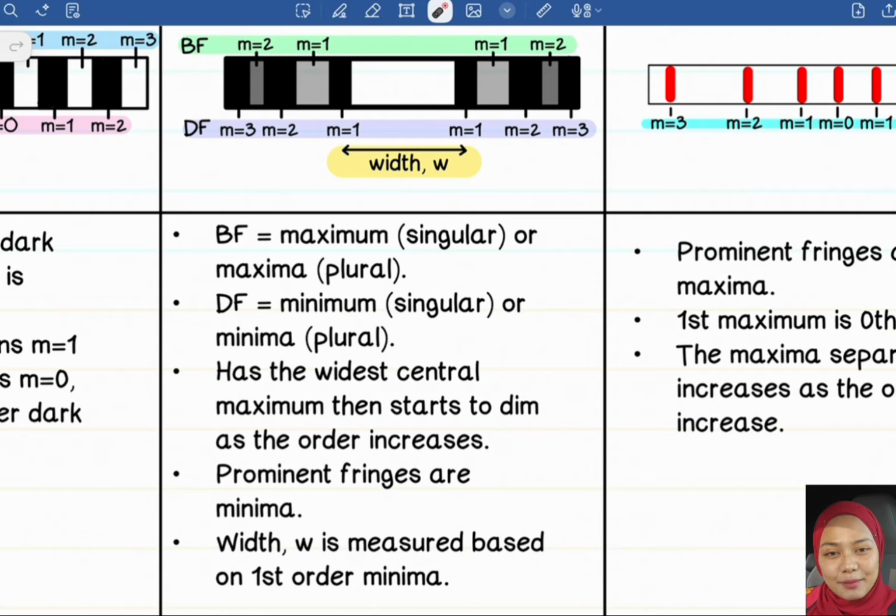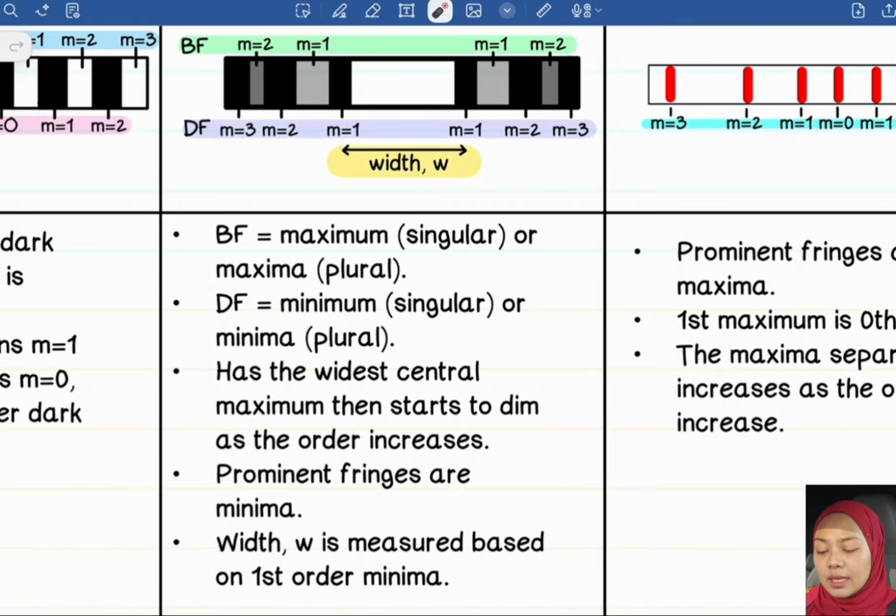For the single slit pattern, they have the widest central maximum. This is what we call the width. This width can be measured based on the first order minima. Once you get the distance from the center of the width to the first minima, you just multiply by 2, and you get the width. Now the prominent fringes are the minima.